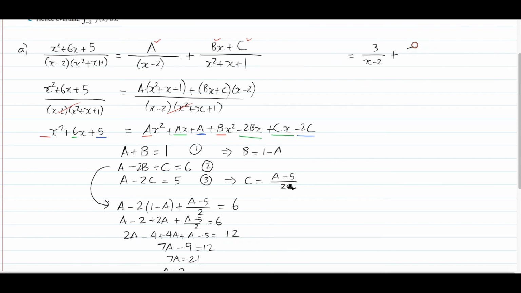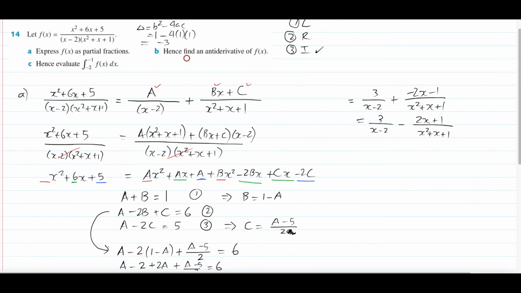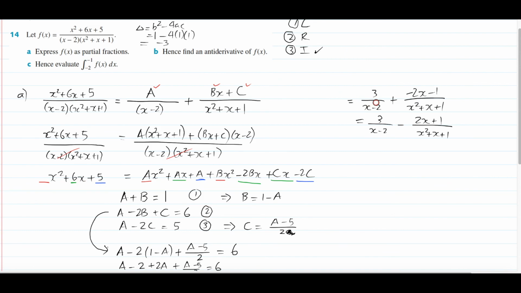In that case, it's negative 2x minus 1 over the irreducible factor, which is x squared plus x plus 1. If you wanted to write this neatly, you can get rid of the negative over here. So that's minus 2x plus 1 divided by x squared plus x plus 1. That negative applies to both terms up here. Okay, so that's part A, guys, which is pretty much express f(x) as a partial fraction.